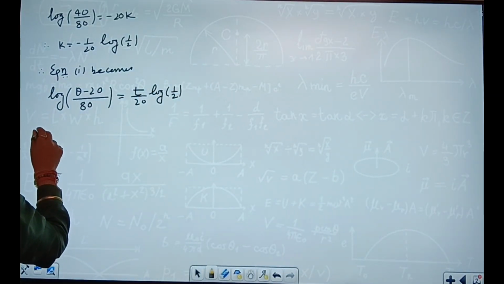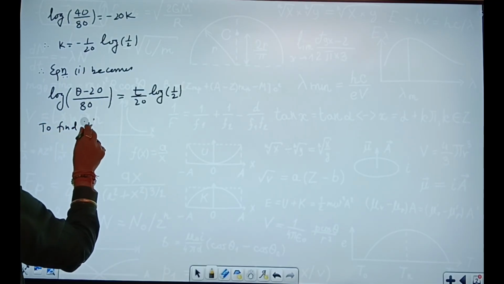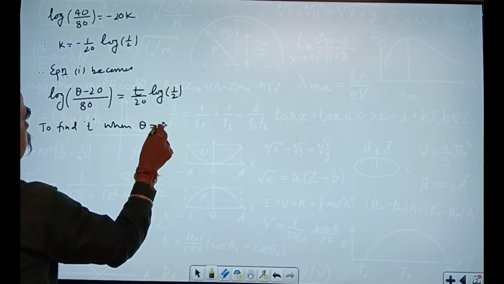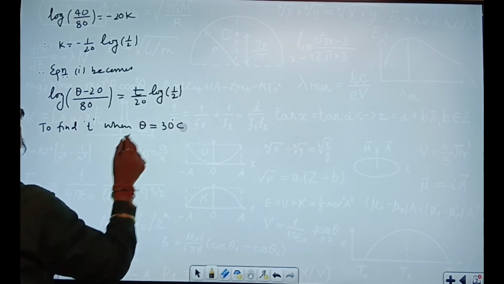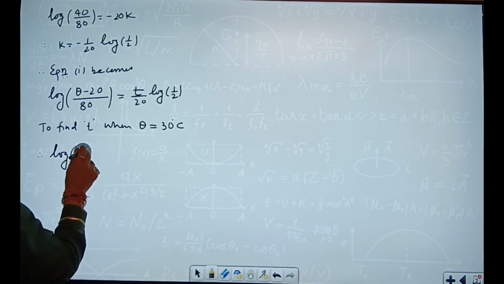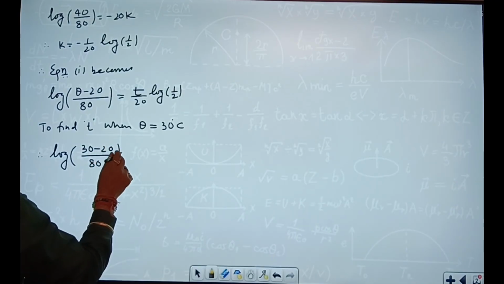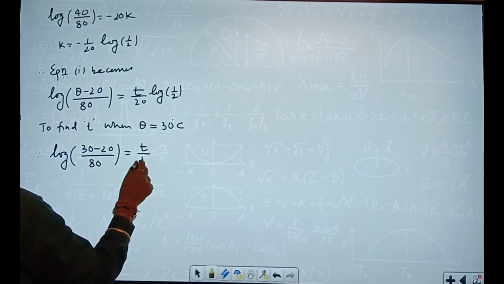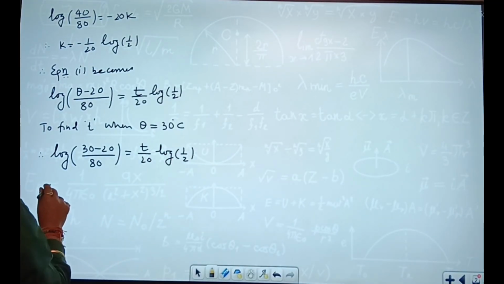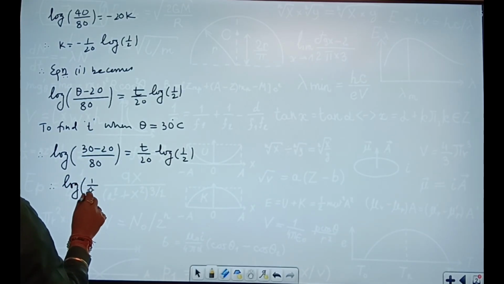To find t when theta is 30 degrees Celsius. So log of 30 minus 20 upon 80 is equal to t by 20 log 1 by 2. 10 by 80 is what, 1 by 8.